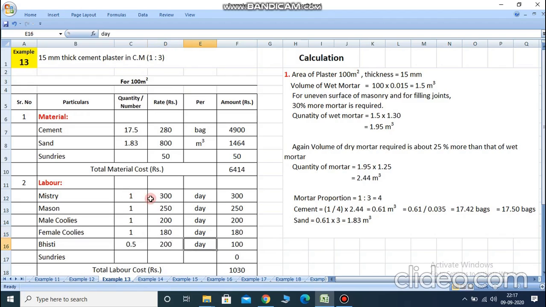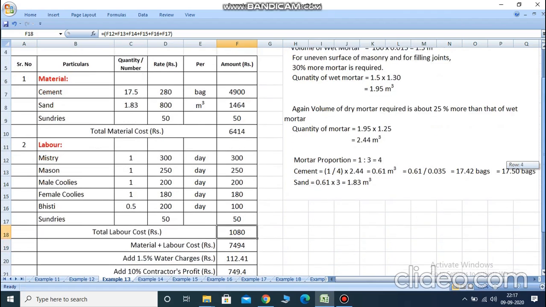So 1 multiplied by 300 is 300, 250, 1 multiplied by 200 is 200, 1 multiplied by 180 is 180, and 0.5 multiplied by 200 is 100 rupees, and extra cost we take 50 rupees. So the summation of 300, 250, 200, 180, 150, we got 1080 rupees as the labor cost.